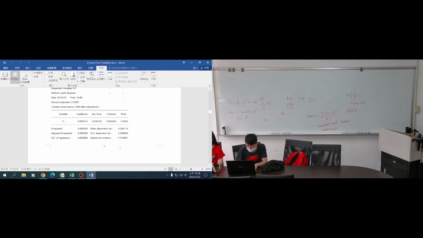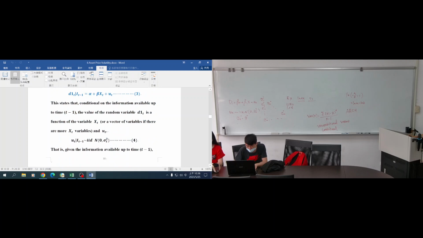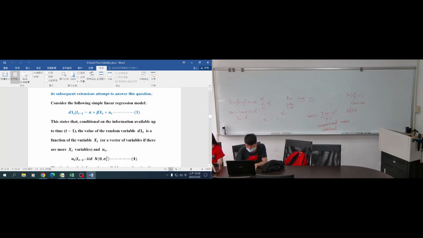Okay, so actually, let me use some mathematical equations. Okay, so look at this one, D1, if I condition on the previous information, I may have this equation, something like equation 3.